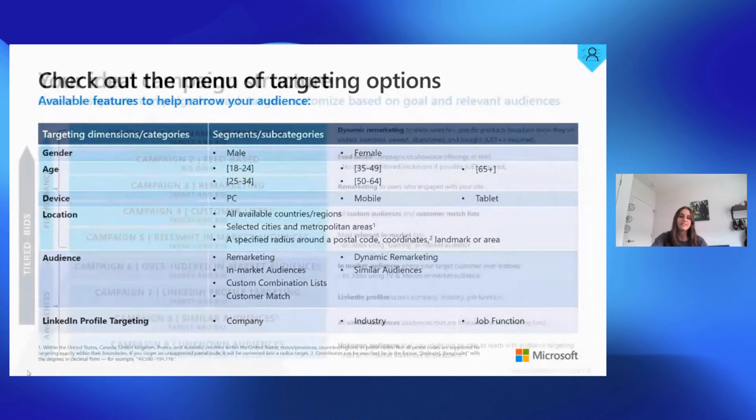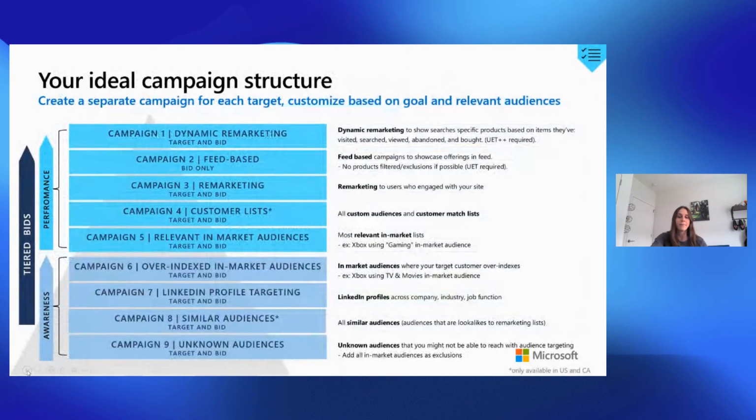And next up, this really lays out your ideal campaign structure depending on your goals. So for performance, we really recommend dynamic remarketing, feed-based remarketing, customer lists, and IMAs. For awareness, over-indexed in-market audiences, LinkedIn, similar, and unknown.